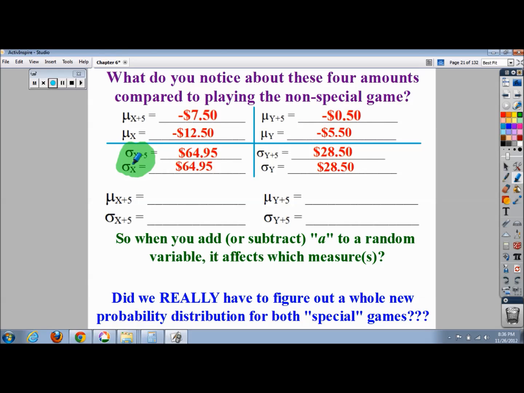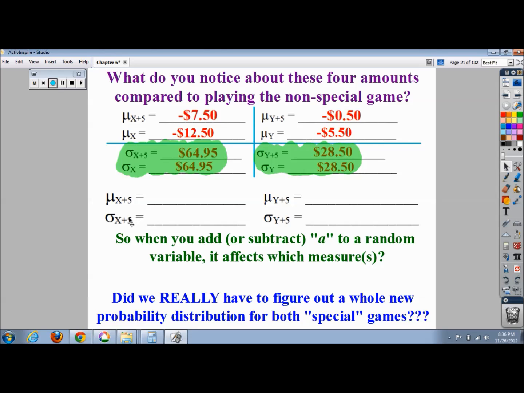Notice the standard deviations of the special version of Bobo and the not special version of Bobo. They are exactly the same. And we can say the same thing here for our special and non-special versions of Zambo, that the standard deviations are exactly the same.